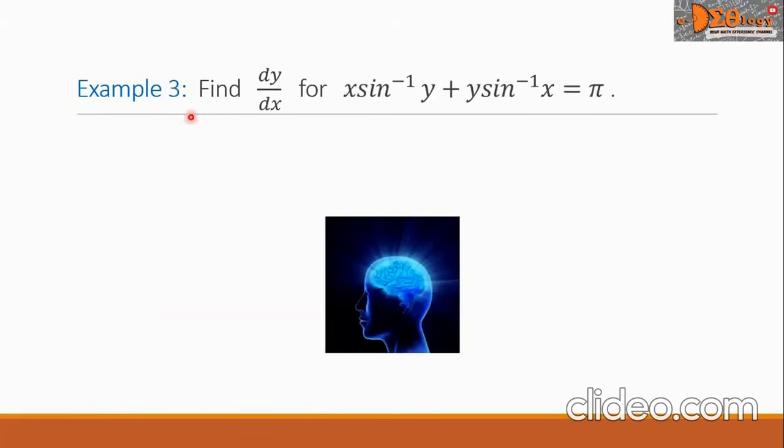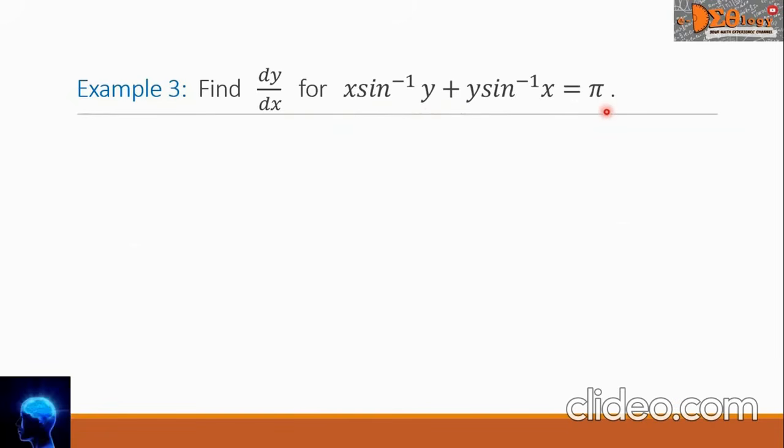Example 3. Find dy over dx for the function x sine inverse of y plus y sine inverse of x equals pi. For our solution, we can see that this function here is an implicit function.